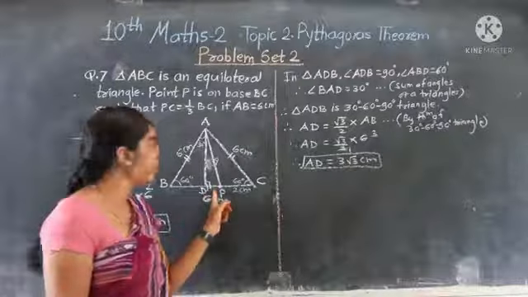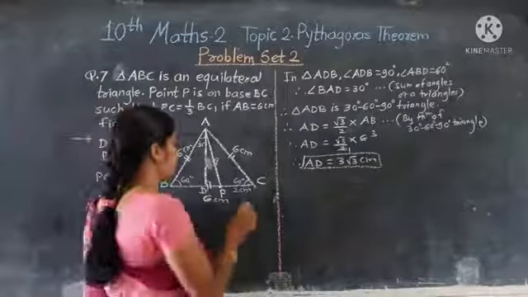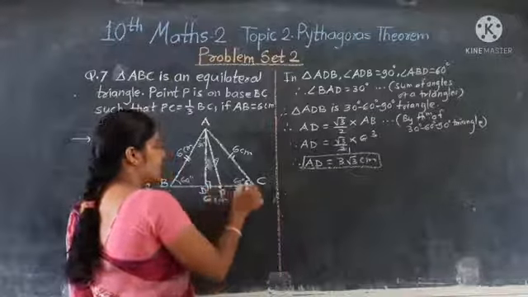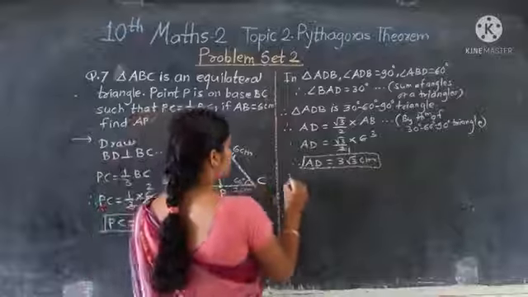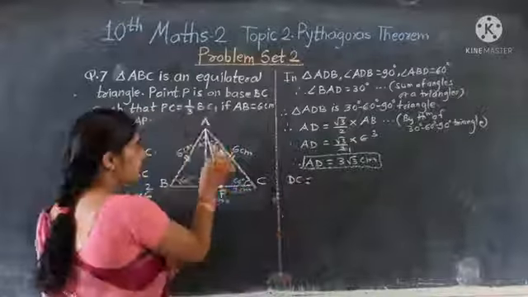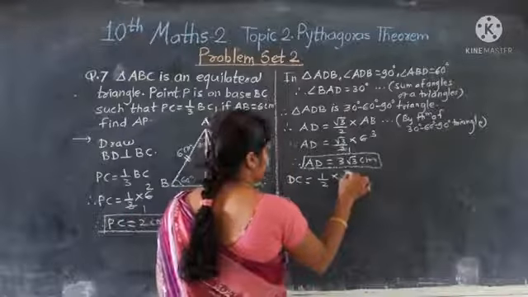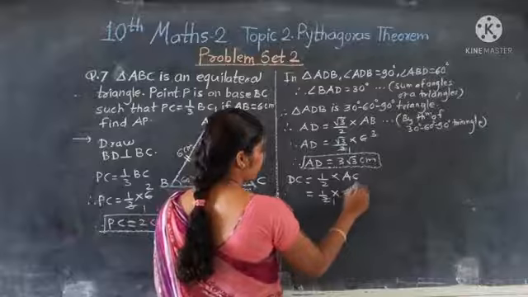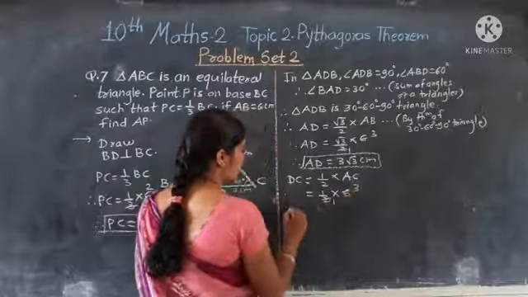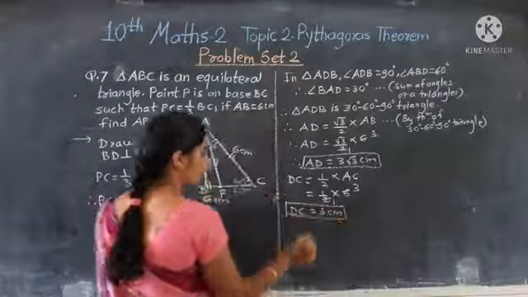How to find DP? Here see DC, it is 90 degrees, 60, so it is 30 degrees. So DC is the side opposite to 30, which is half of hypotenuse AC. Half into 6 is 3. So we get DC as 3 centimeter.